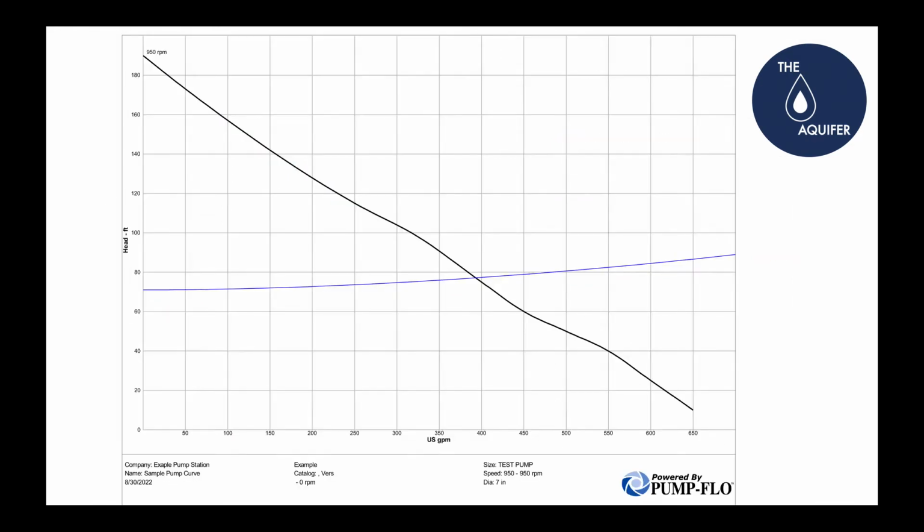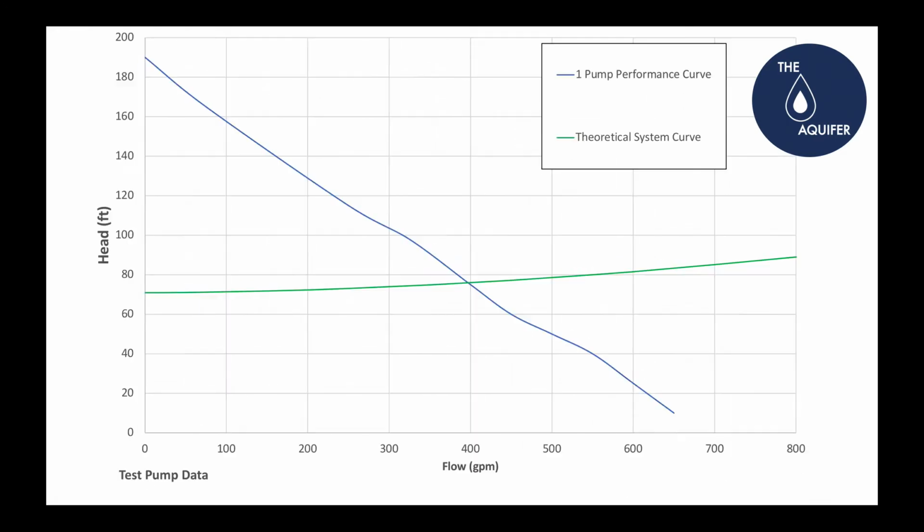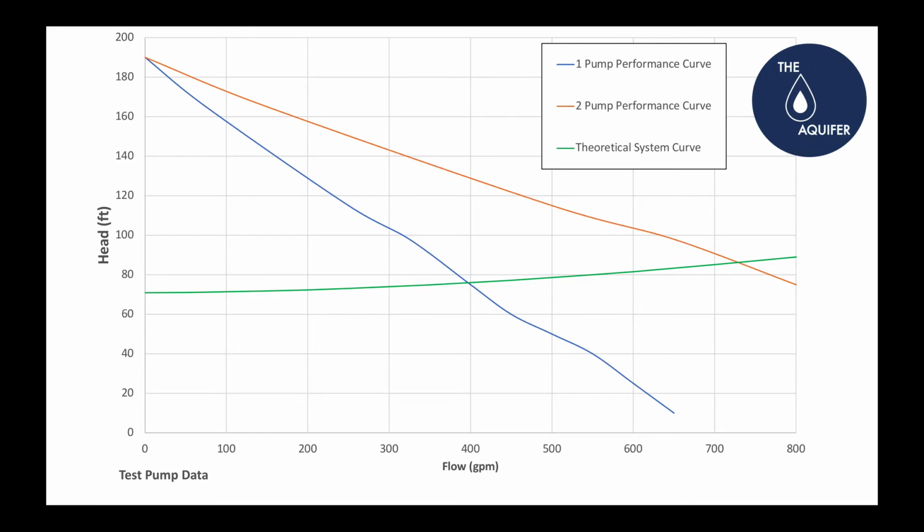But basically, flipping back and forth, you can see that this is the same data. I want to get that second pump performance curve in there, because I like to run both one pump as well as a two pump situation to give us more data and improve what we're trying to accomplish here.